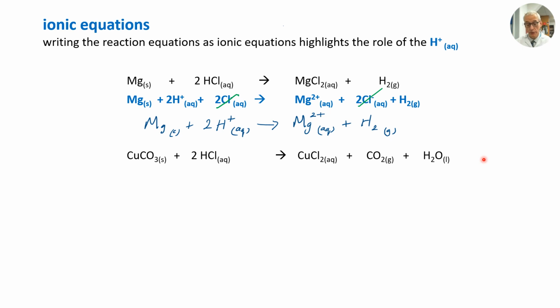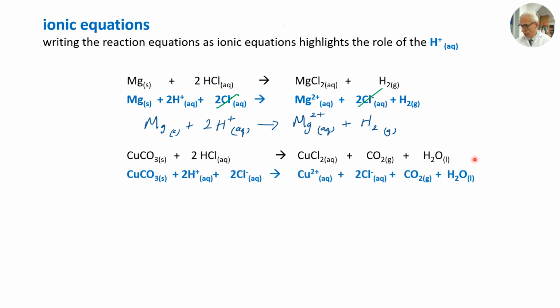So revealing, we've got here the copper carbonate as a solid, which does not dissolve, whereas as previously hydrogen chloride dissolves to release 2H+ ions and 2 chloride ions in solution. Copper chloride is an ionic salt, so that will dissolve to form free ions, copper 2+ and 2 chloride ions. Carbon dioxide and water are both molecular.